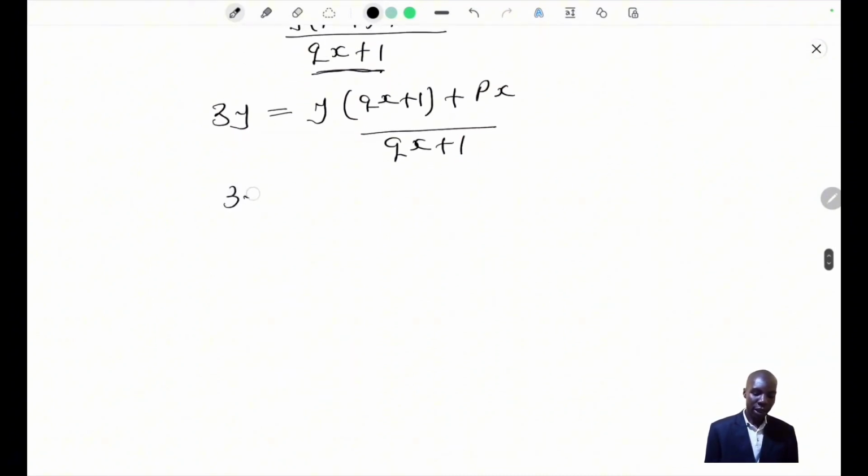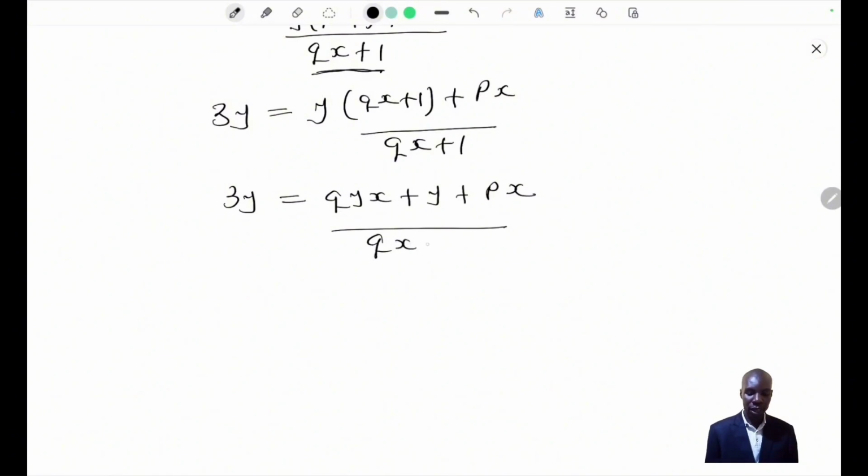So we'll have 3y equals qyx plus y plus px over qx plus 1. Then from here we can cross multiply both sides by the denominator qx plus 1.